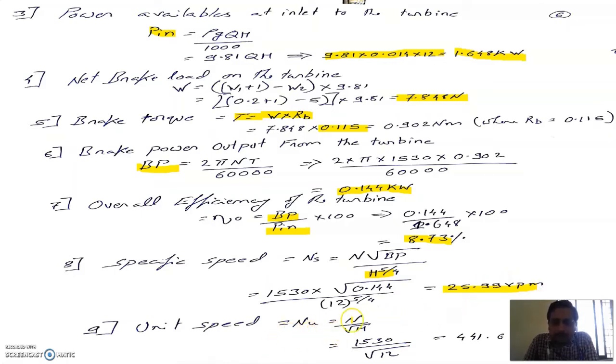Unit speed is N by under root H. H is 12 over here, which we found previously. So by using that, you find out the unit speed.